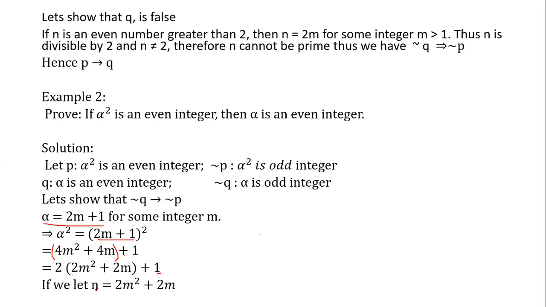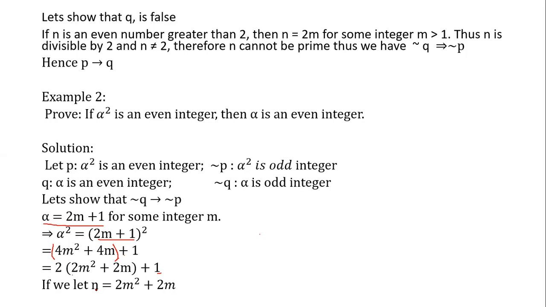So we can write it as 2n plus 1, and that is the definition for an odd number. Don't forget, not Q says alpha is odd, so we have now proved that.